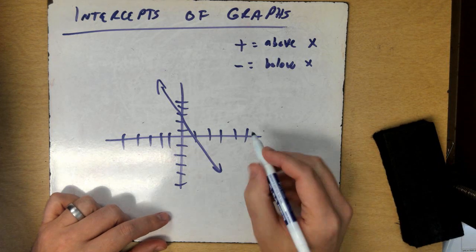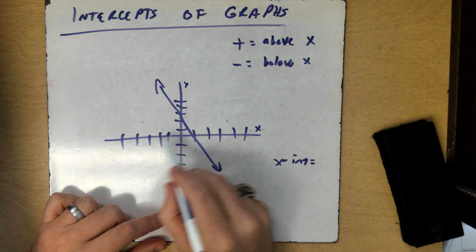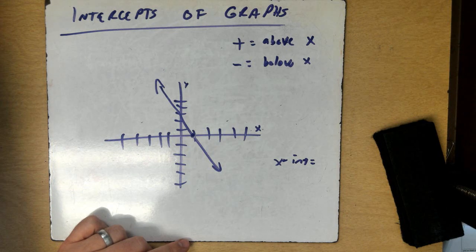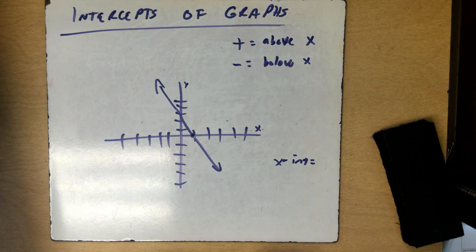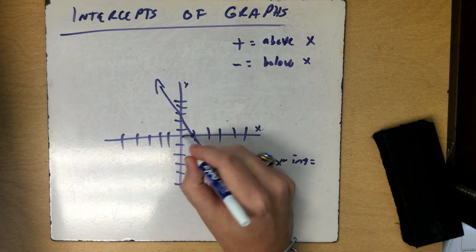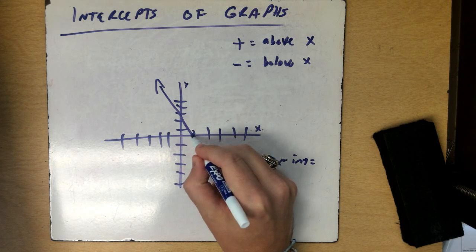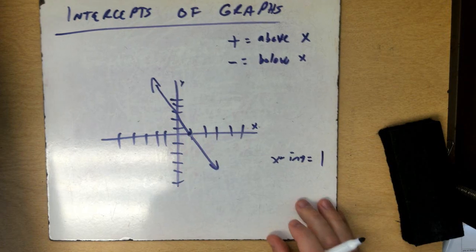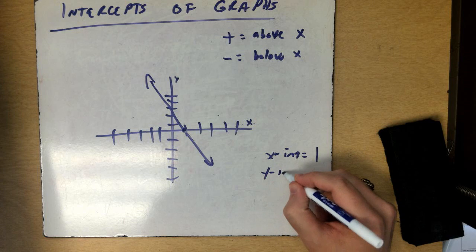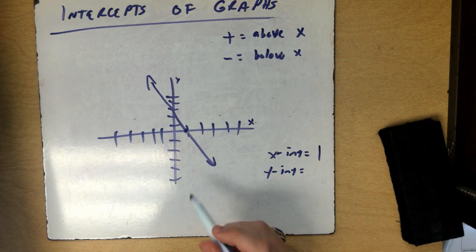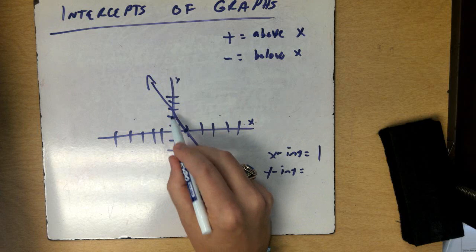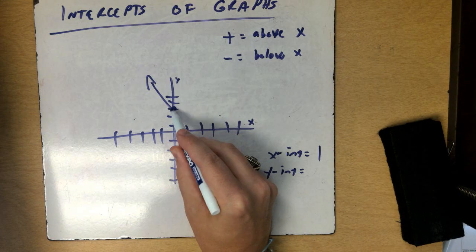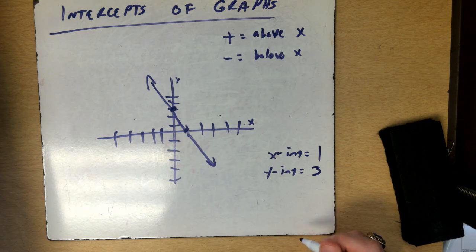Where does the line cross the x-axis? It crosses the x right here. This is 0, and this would be a positive 1. So our x-intercept would be at 1. Now what about our y-intercept? Our y-intercept is where it crosses the y-axis here. I count up from 0, so 1, 2, 3. So 3 is our y-intercept.